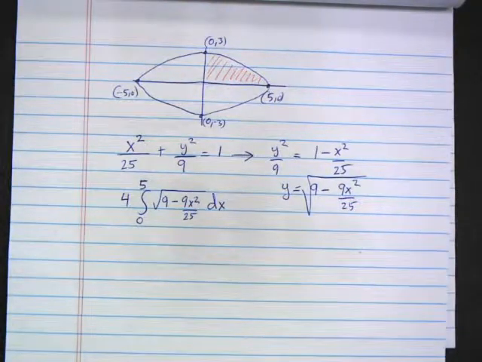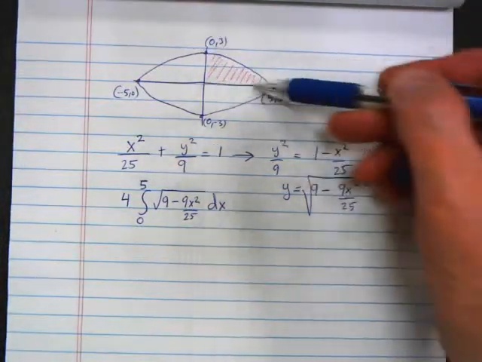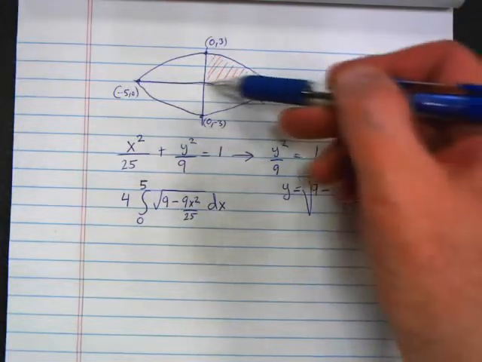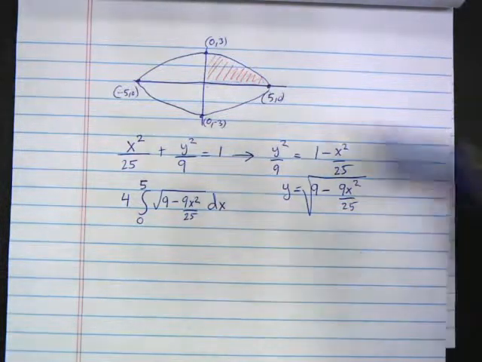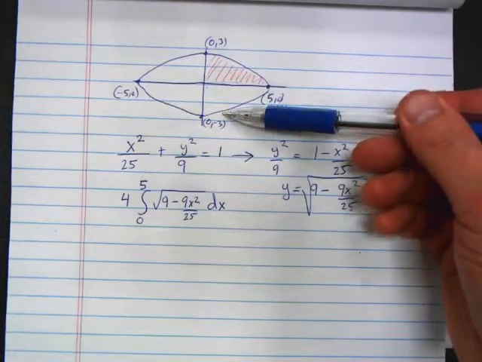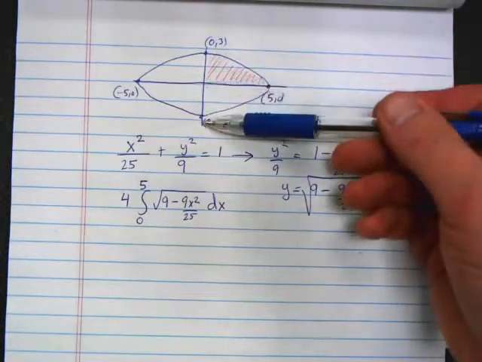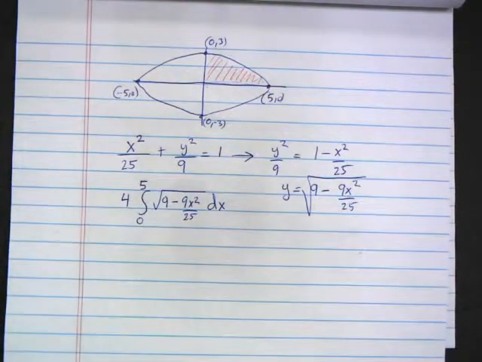Remember, to find the area we integrate the top minus the bottom, but for this one, since I'm just using the first quadrant, the bottom is the axis. If you were to do plus and minus, the whole thing would only be times 2? Yes, if I were to do the top half and have the positive square root minus the bottom half, I'd have the negative square root. Then I'd be finding half of it, and I'd have to multiply by 2. Correct.